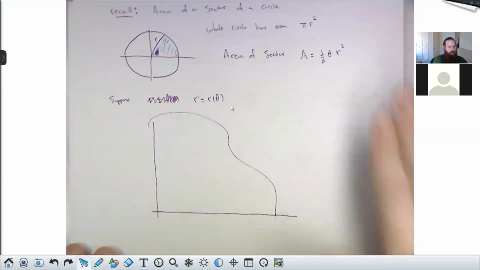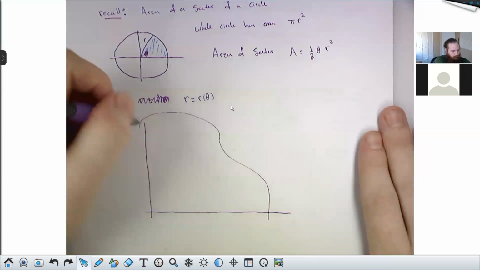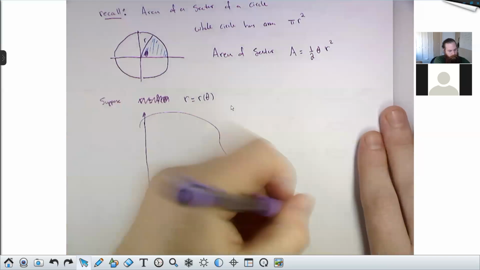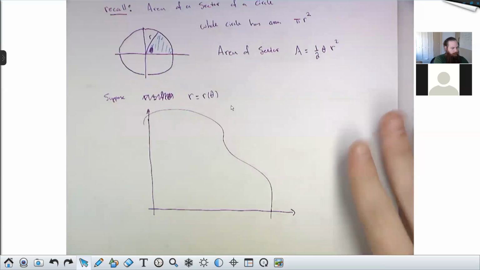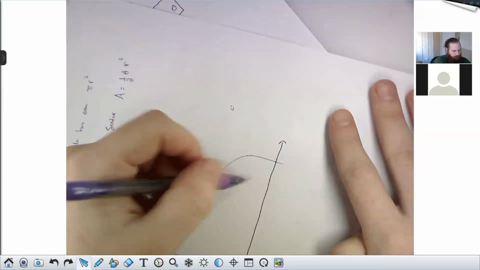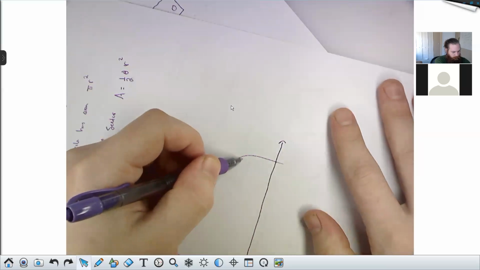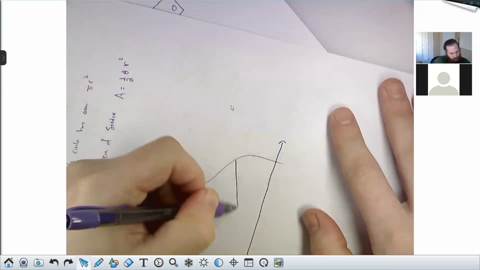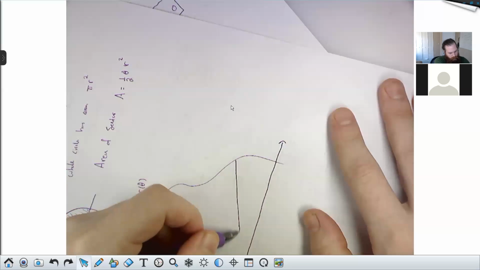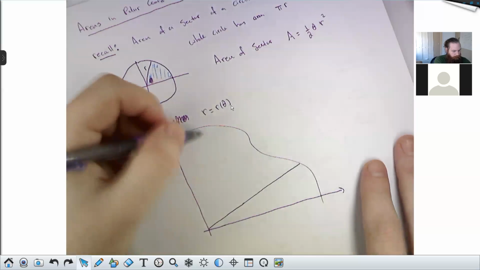I don't know, some random shape. This is the polar graph. And you want to find the area between, say, some angle down here and some angle up here.